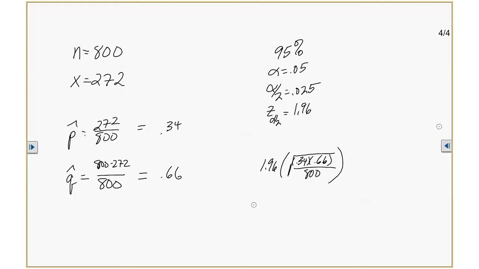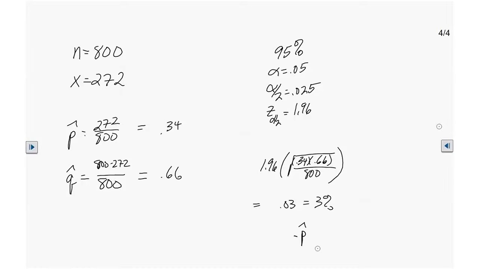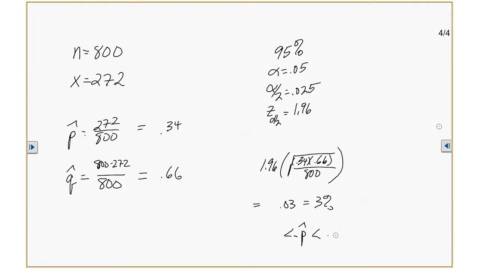What do you get? 0.03. Margin of error of 3%. So this is a good one. So then we take 0.34, and p-hat is going to be 34 plus 3 is 37, and 34 minus 3 is 31.